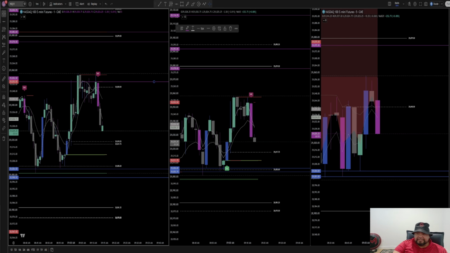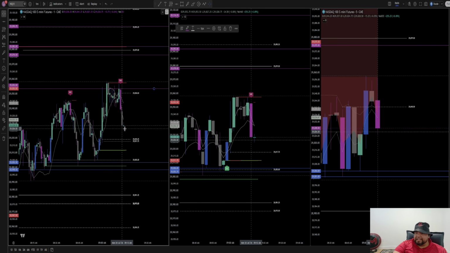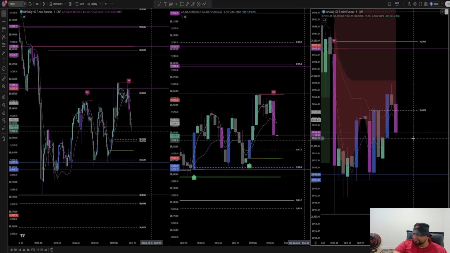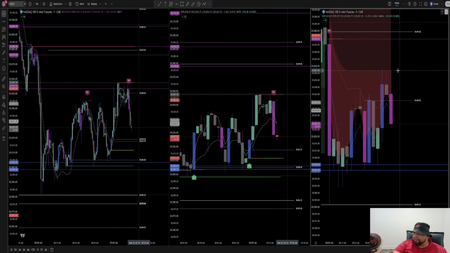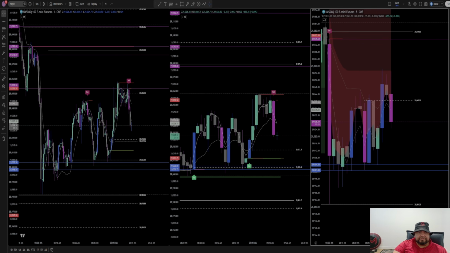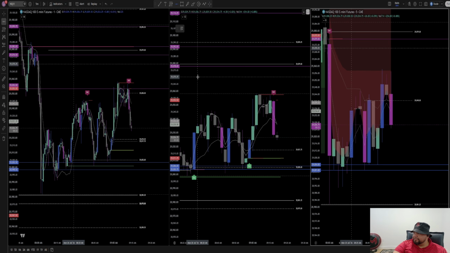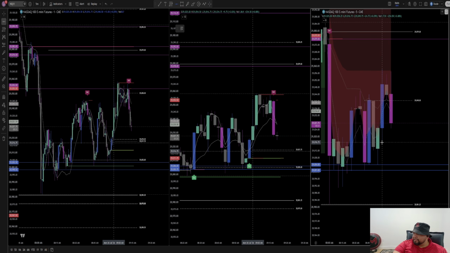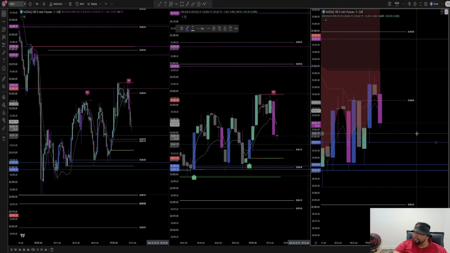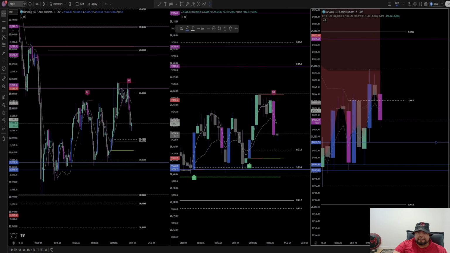Let's see if it gets to that 19 level. Look how much it's tightening up. You guys see how much it's tightening up, the closer we get to New York. All right, now we're gonna have another quantum purple up here. So now the 50 area, building barriers. All right, I want to actually mark this blue down here, and then the purple if it stays this last few seconds.